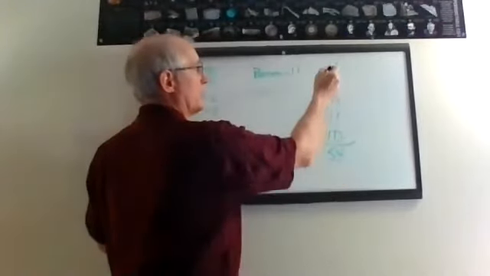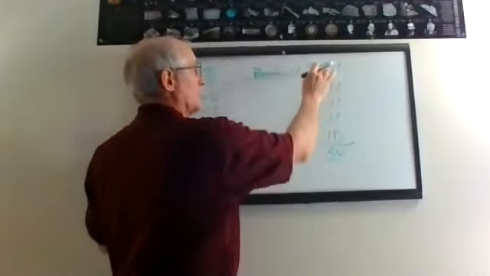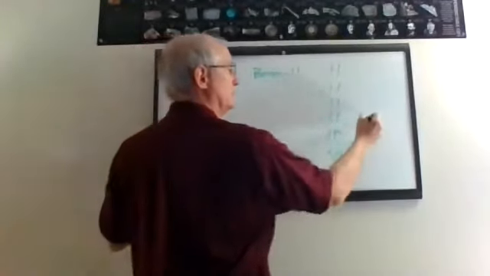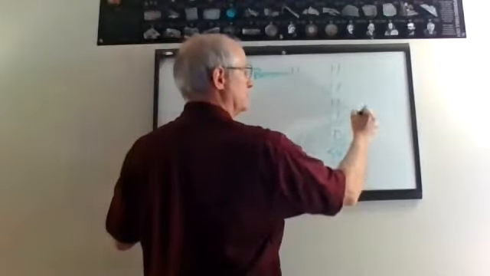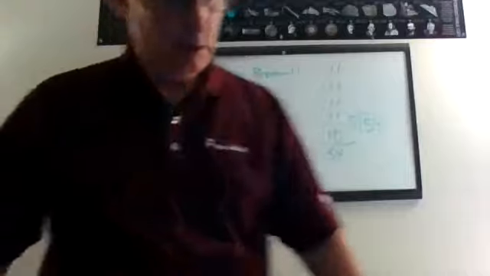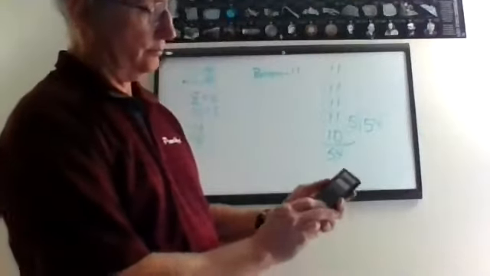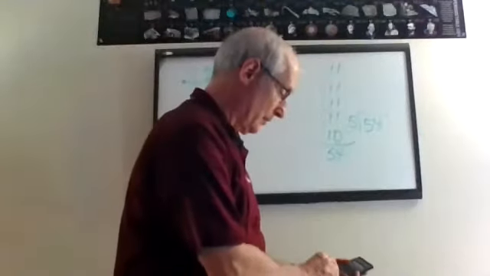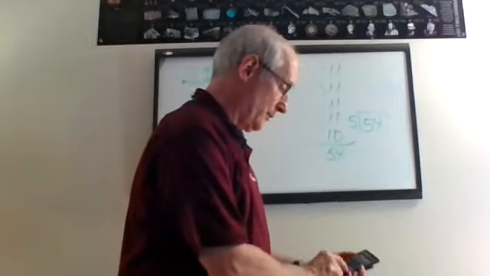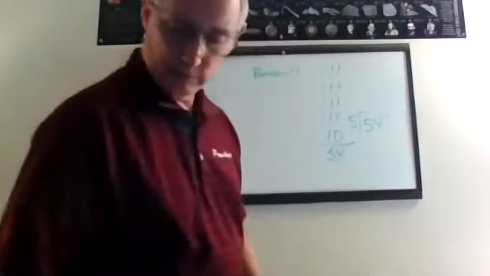Now, how many items are there? 1, 2, 3, 4, 5 things. So we're going to divide by 5. So on your calculator, just go ahead and do that. Just put 54. 54 divided by 5 equals 10.8.